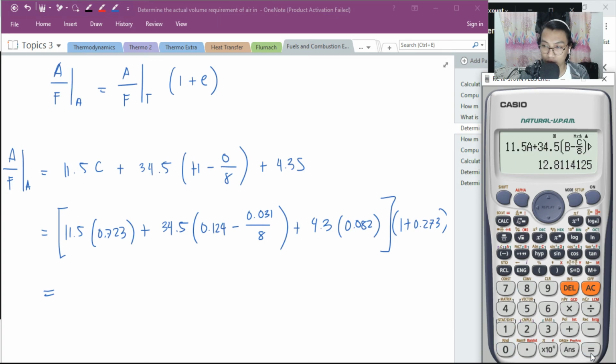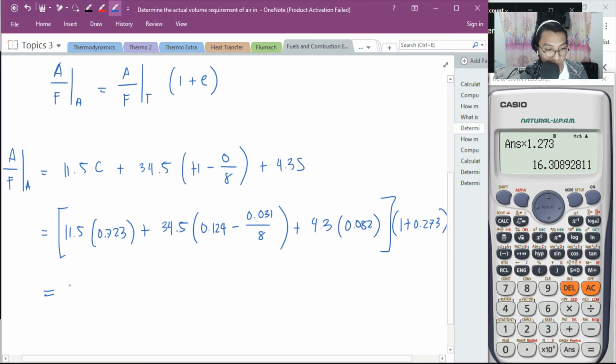So, meron ka ng theoretical and then multiply mo 1.273. The answer is 16.3089 kilogram air per kilogram fuel.